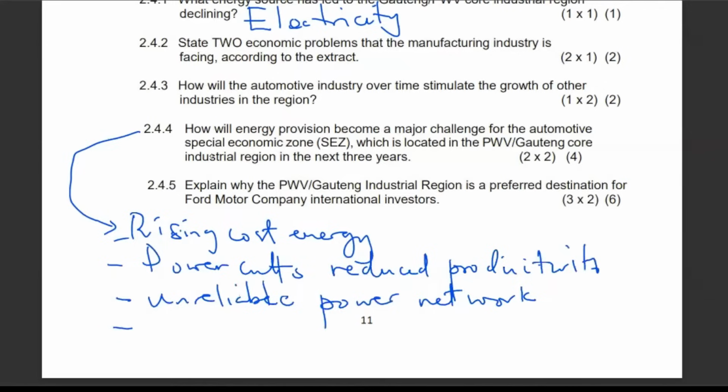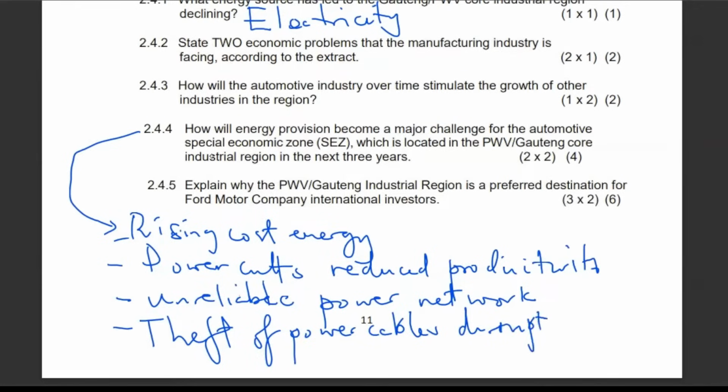And also because of power cuts, we can have a factor of theft of power cables. Theft of power cables will disrupt power provision. This is going to worsen the situation.